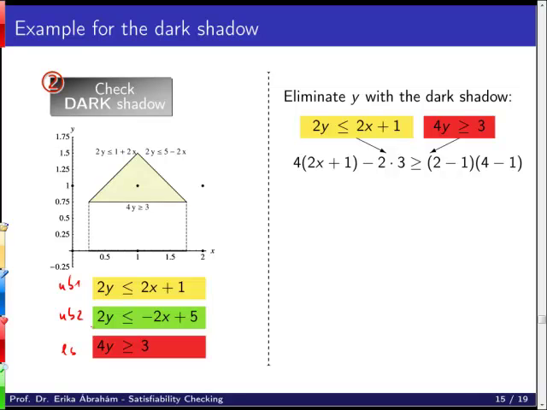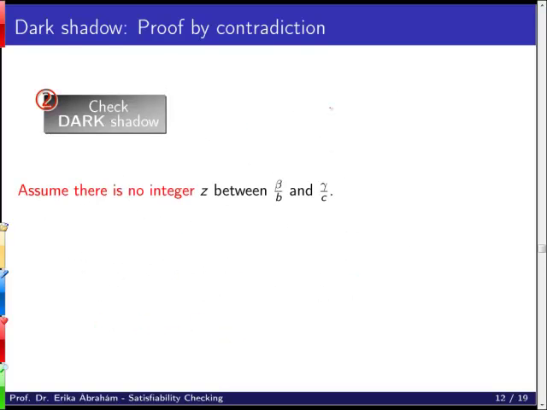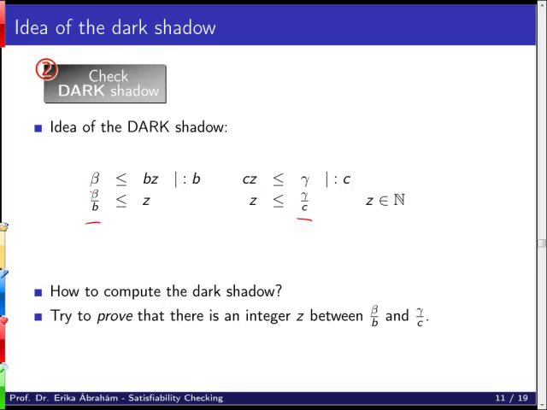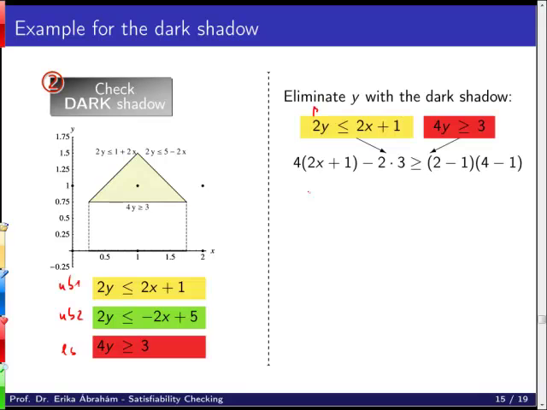So this is here beta. This were our original formula. Beta is less or equal b times the variable, and c times the variable is less or equal gamma. Oh sorry, we have to reformulate.